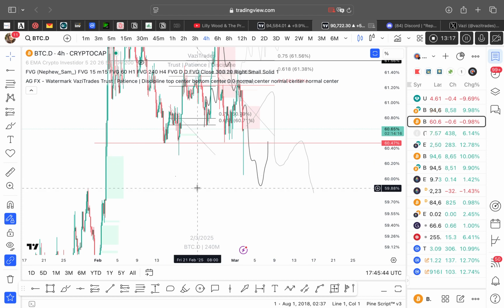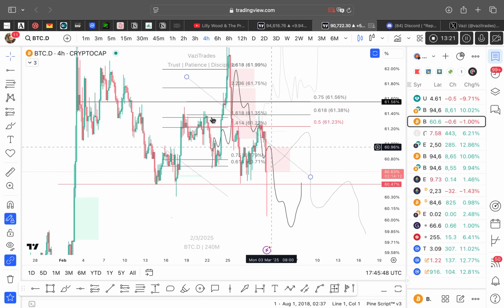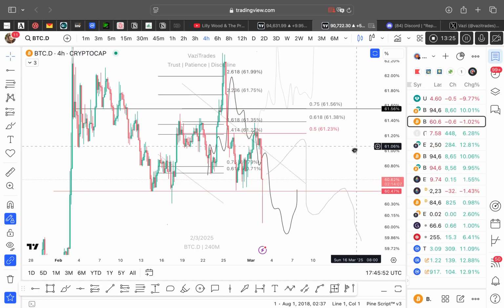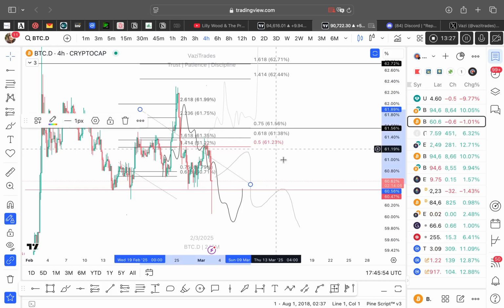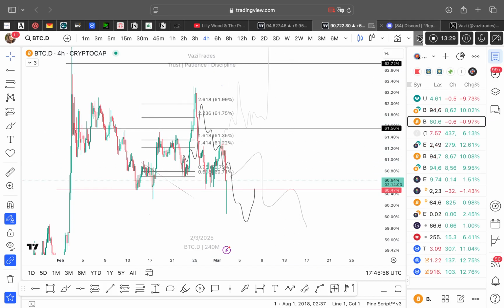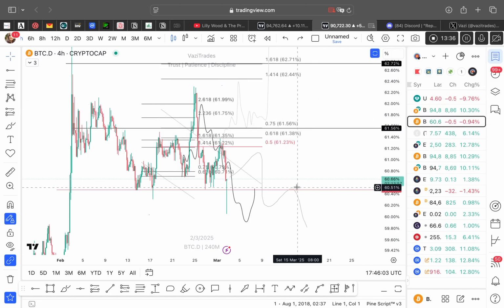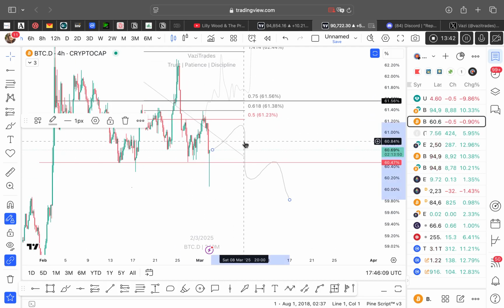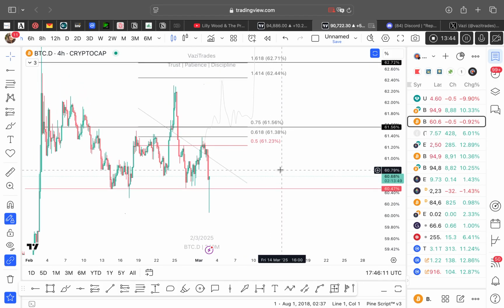And it came to the 4-hour FVG and bounced. I want to save this chart. It's very beautiful for me. Okay, so this I don't need anymore. This played out perfectly.